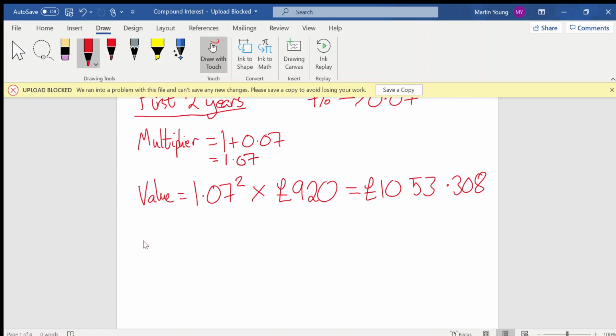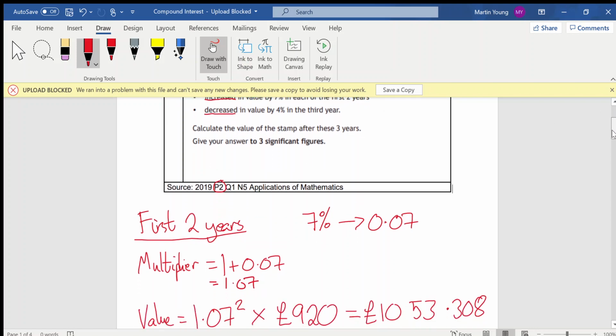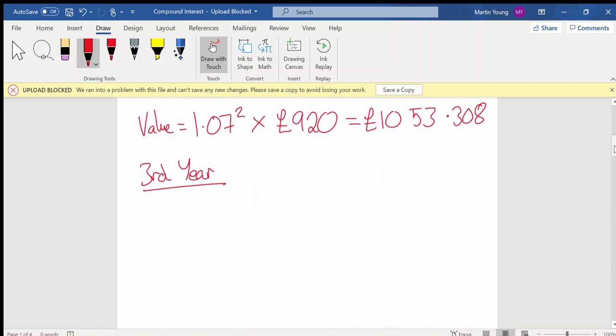Okay, so for the third year, and I'll go back up, we were told that it decreases by 4% for a single year. So what's 4% as a decimal? It's 0.04.